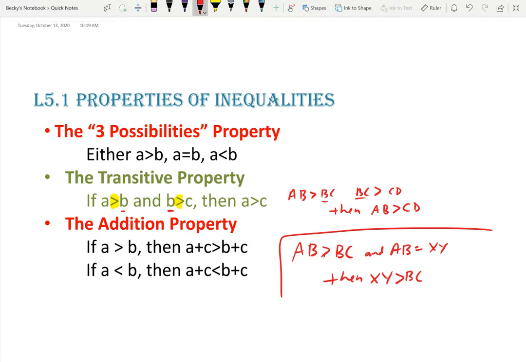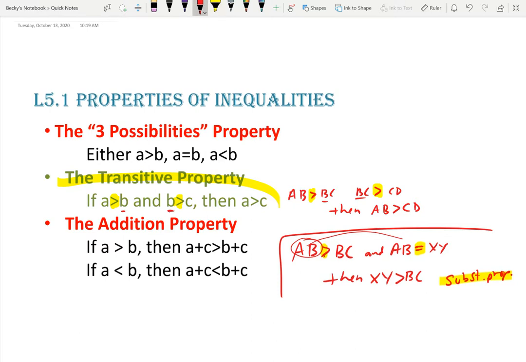Since one's an inequality and one is an equals, we're taking this out and replacing it. So this is a substitution property. So, rule of thumb, if they're both inequalities, then it's going to be transitive. If one is an inequality and one is an equals, then it's going to be a substitution.